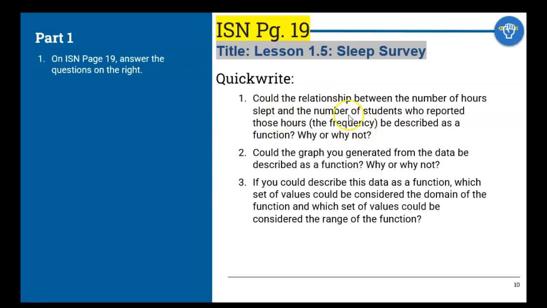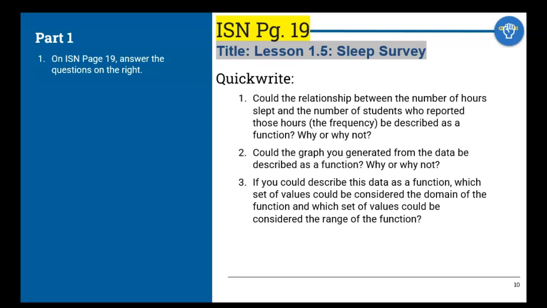All right, everybody look at the screen. The first question is, could the relationship between the number of hours slept and the number of students who reported those hours, the frequency, be described as a function? Why or why not? What do y'all think?